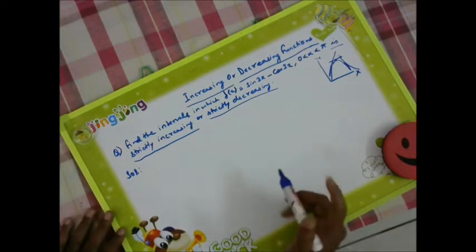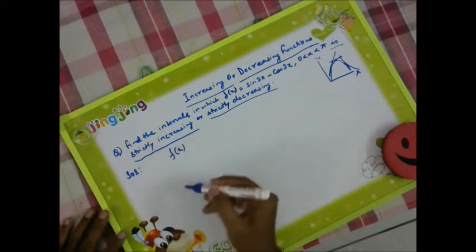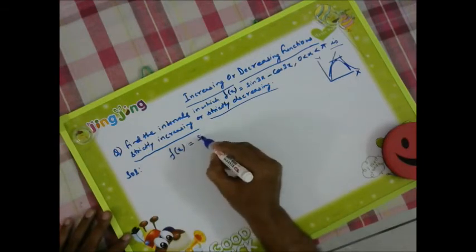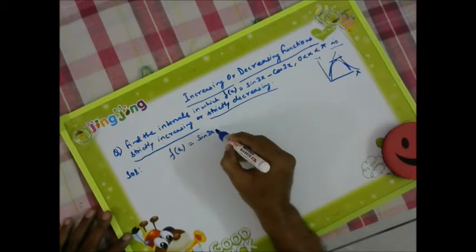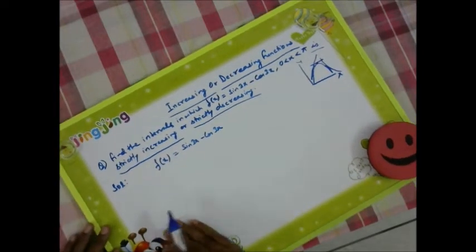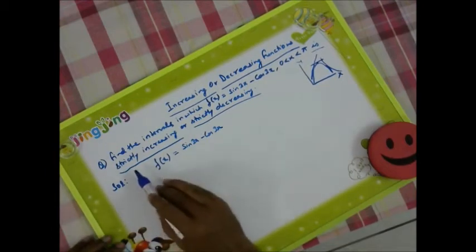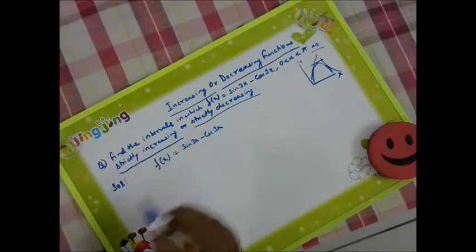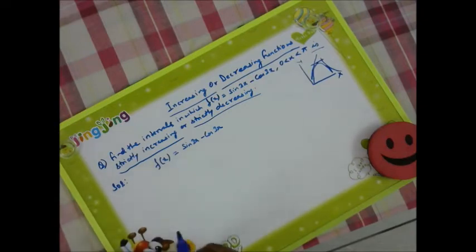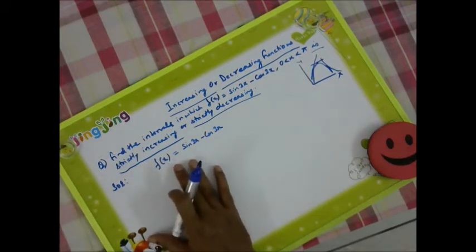Right, very good. We are given the function f(x) is equal to sin 3x minus cos 3x. In order to find the interval in which it is increasing or decreasing, we need to find f dash x, which means d by dx of this function.